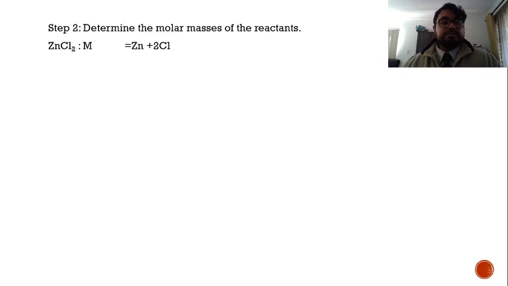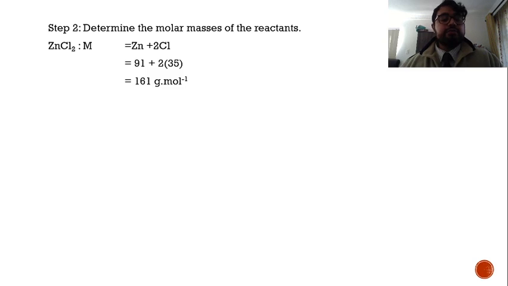So ZnCl2, we have 1 zinc and 2 chlorine atoms, and the molar mass of zinc is 91, and the molar mass of chlorine is 35, and we have two of them, so that's 2 times 35, and if we add those up we get 161 grams per mole.